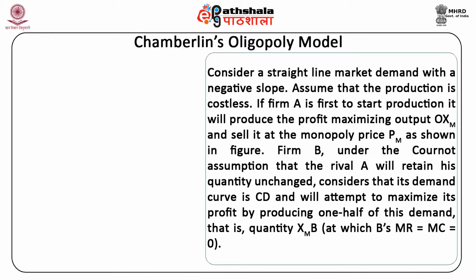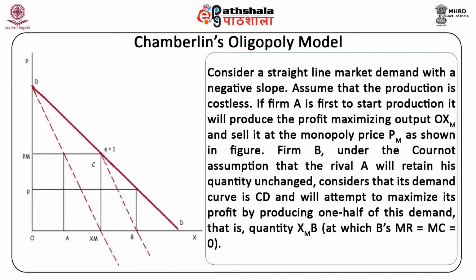Consider a straight line market demand with a negative slope. Assume that the production is costless. If firm A is first to start production, it will produce the profit maximizing output OXM and sell it at the monopoly price PM, as shown in the figure.